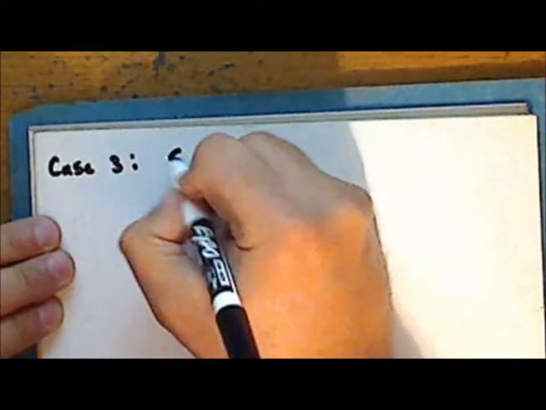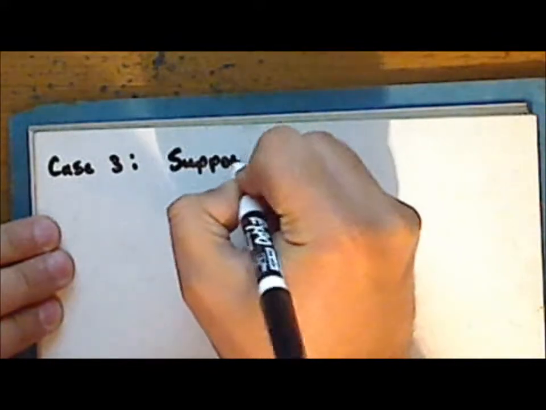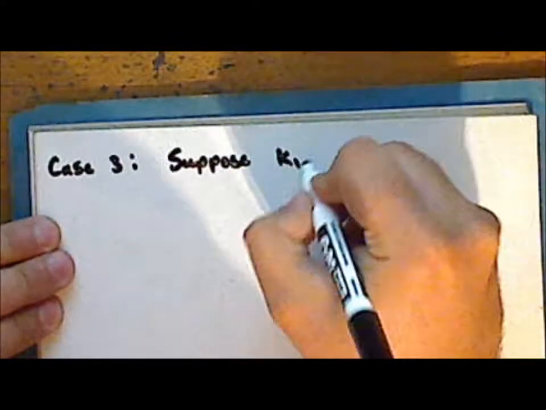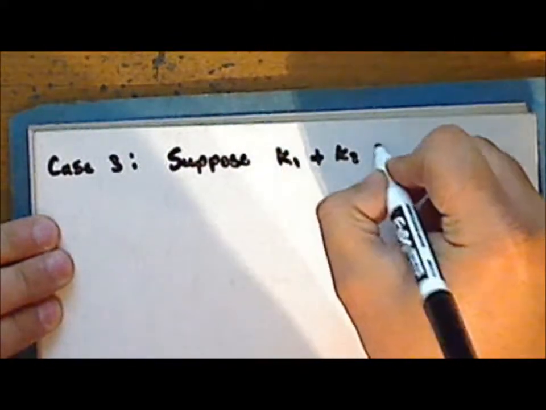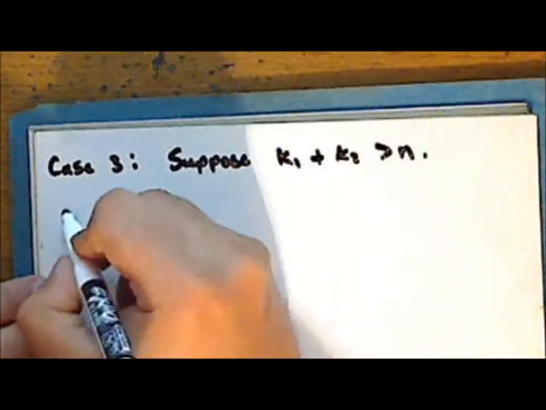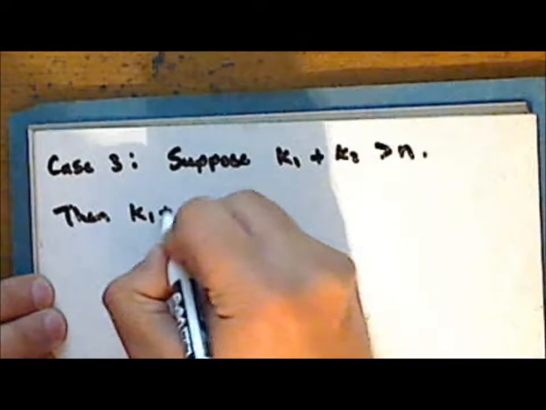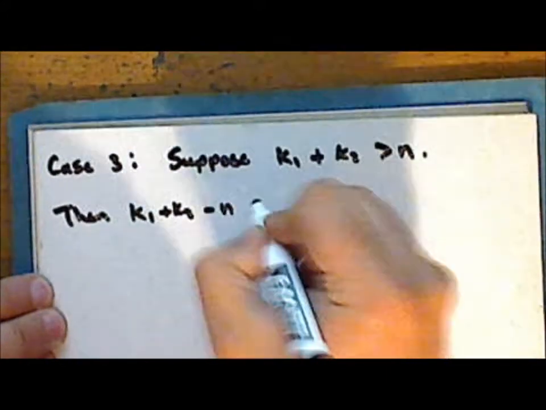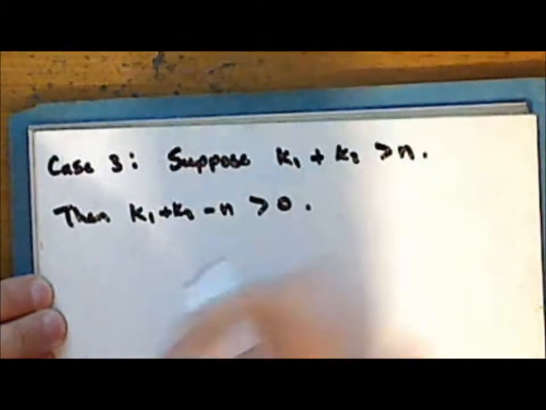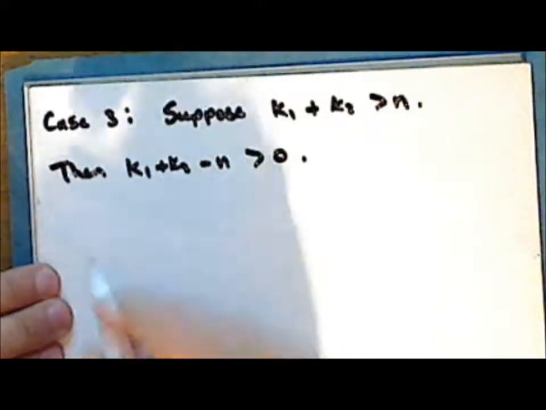All right, final case. Case 3. Suppose that the sum k1 plus k2 is greater than n. Then the sum k1 plus k2 minus n is greater than 0.